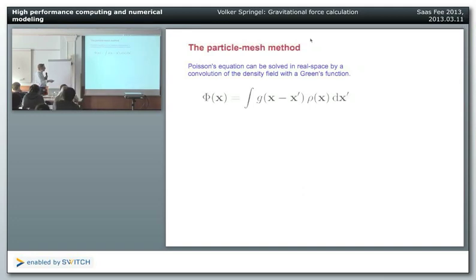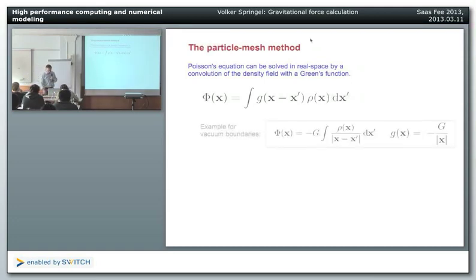This Green's function encodes the response of a density at coordinate x prime. Actually, there's an x prime missing here. So we have some density at coordinate x prime, and the Green's function tells us what potential this creates at some other point x.